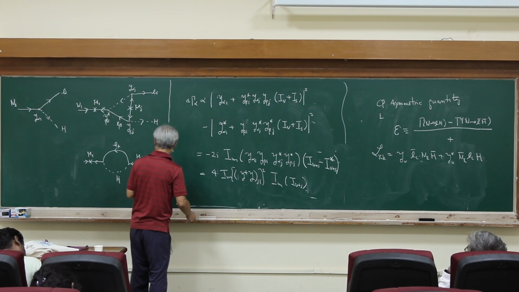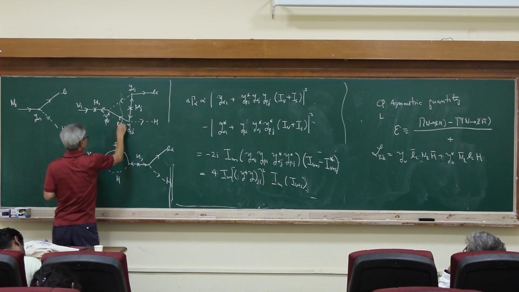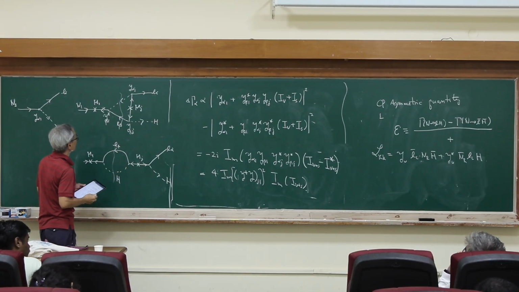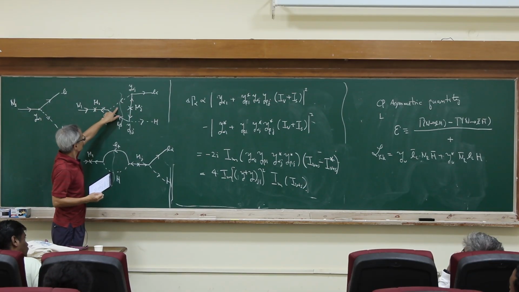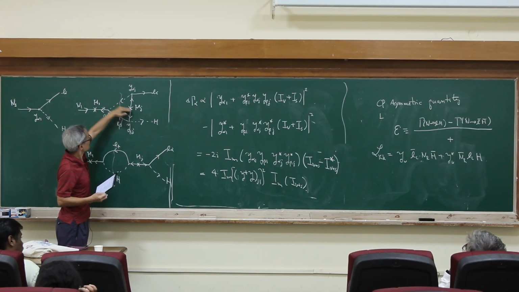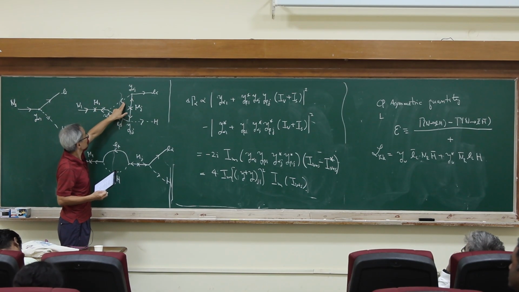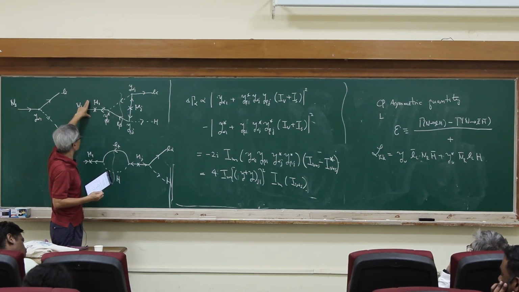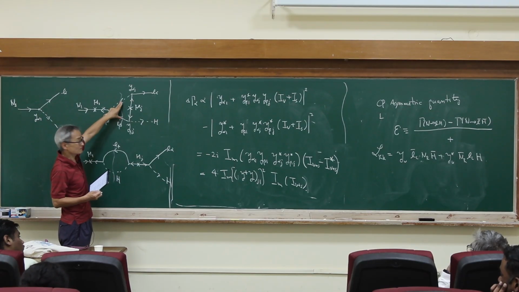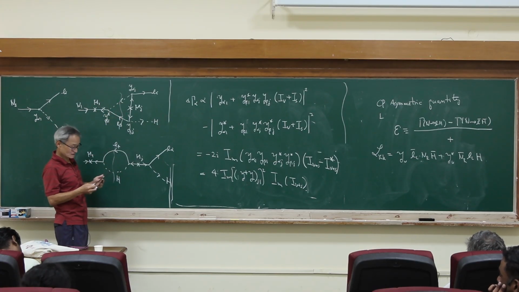In fact, if you cut this diagram, if N decays to N, also in any direction, in this cut N can also decay to LH. So the thing is that if the decaying particle mass is larger than the sum of the particle masses in the loop, then we get an imaginary part.